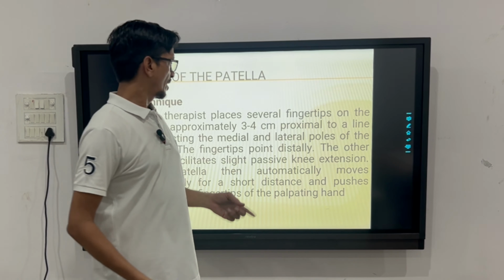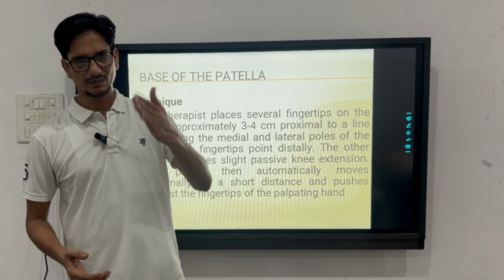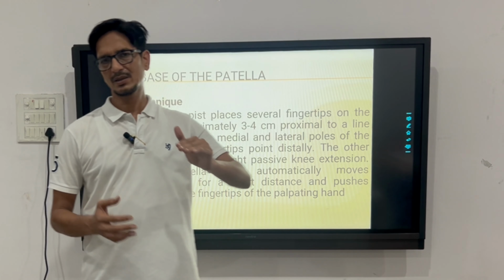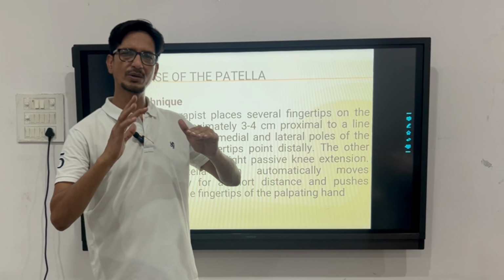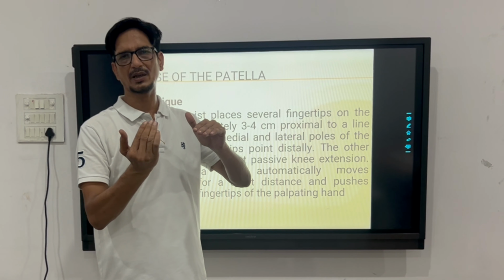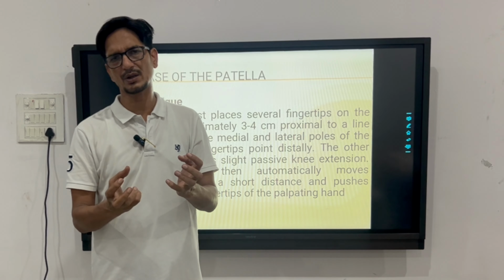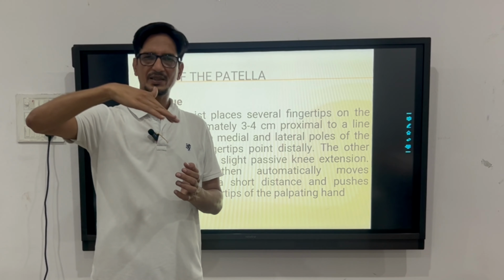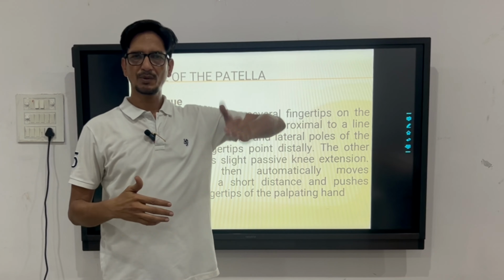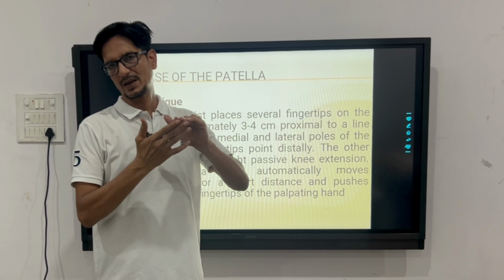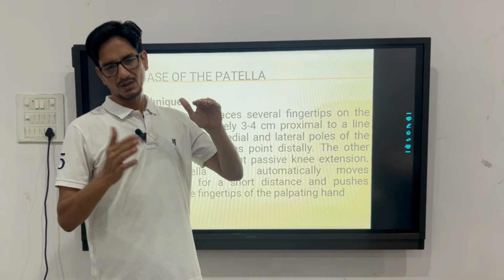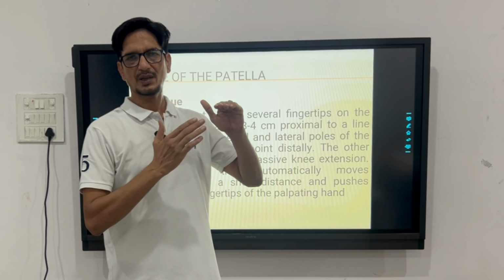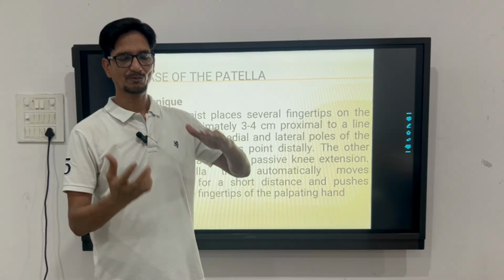side. And you have to place your finger pad just proximally, about 3 to 4 centimeters above the presumed location of the patella. Your knee should remain at 90 degrees, and you have to place your finger pad or forefinger just proximally to the base of the patella.